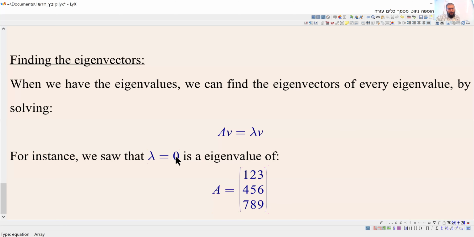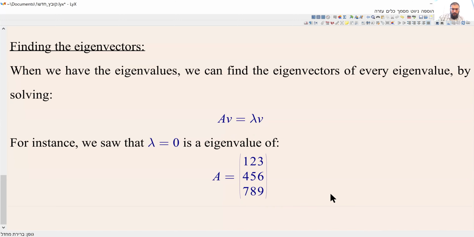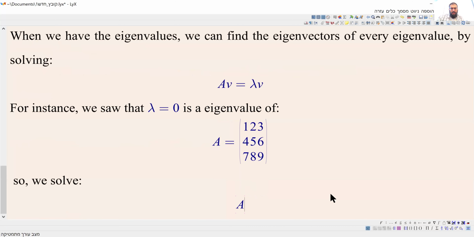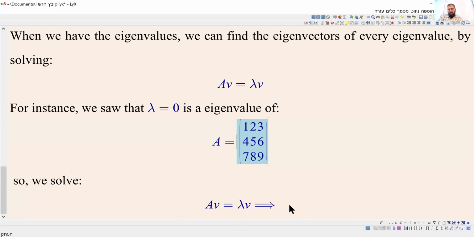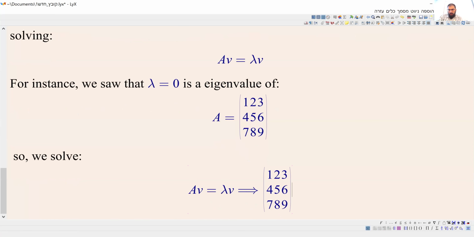Okay, we saw that 0 is an eigenvalue of this matrix. So we actually solve Av = lambda v. v is a vector with 3 elements so that the multiplication will be defined, and we can write a, b, c or x, y, z or whatever you like.